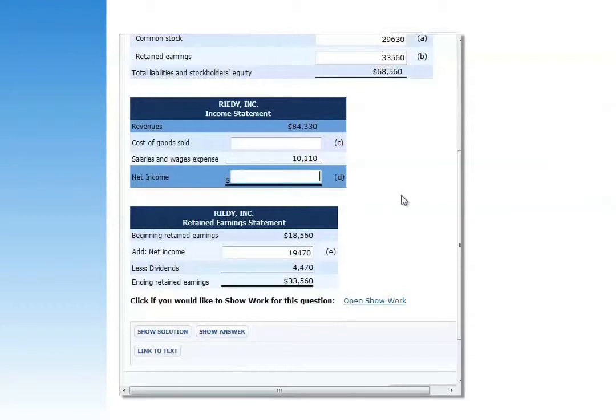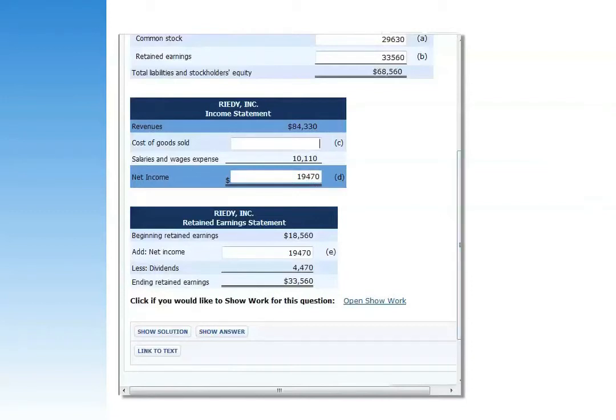Now we can take that amount, $19,470, and put it in as the ending net income in the income statement. And once we've done that, all we need to do is determine what amount, when subtracted from revenues, and also subtracting out salaries and wages expense, would give us net income of $19,470.